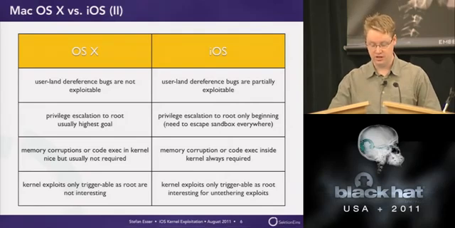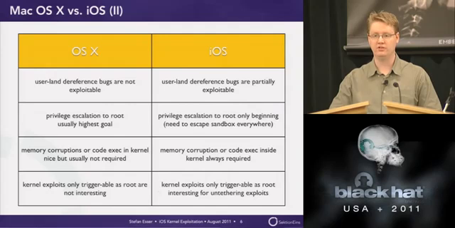security features. And the last thing that's different is when you have a kernel bug in macOS that is only exploitable as root user, you usually don't care because there's no code signing and things like that. If you're already root, you're most probably also not in a sandbox.